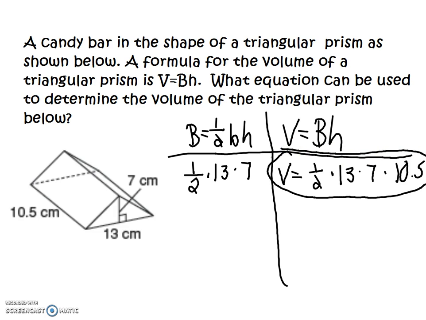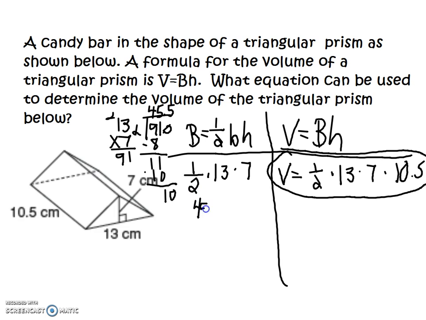All right, well, if we actually work this out, we can say 13 times 7. 7 times 3 is 21. 7 times 1 is 7, plus 2 is 9, so 91. And half of 91, we can go in there 4 times. We can go in there 5 times. Decimal, decimal, 0. We have 45.5 centimeters squared.